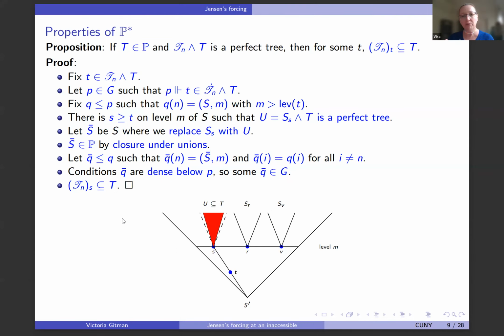The intention of the proofs is to show you how we do arguments with these perfect trees and the fusion posets. A lot of the rest of the construction is going to be arguments that are very similar to the two proofs that I'm going to show you. So they're just here to be instructive, and they also show you where the properties of the perfect poset that I required actually get used.